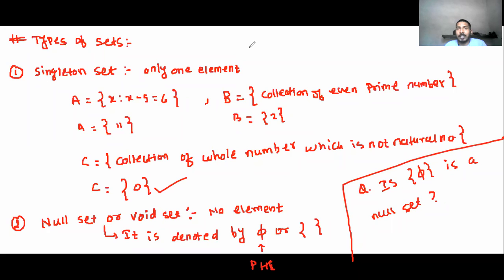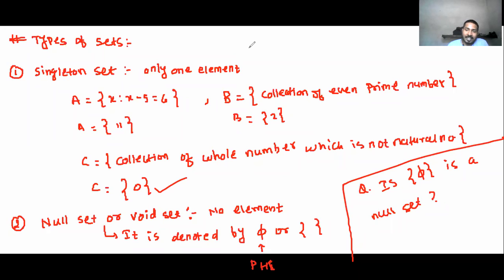Okay, now Thomas? Sir, it is a null set. Amitosh? Sir, it is not a null set. Why is it not a null set? Sir, because the set has the symbol which is used to denote a null set.